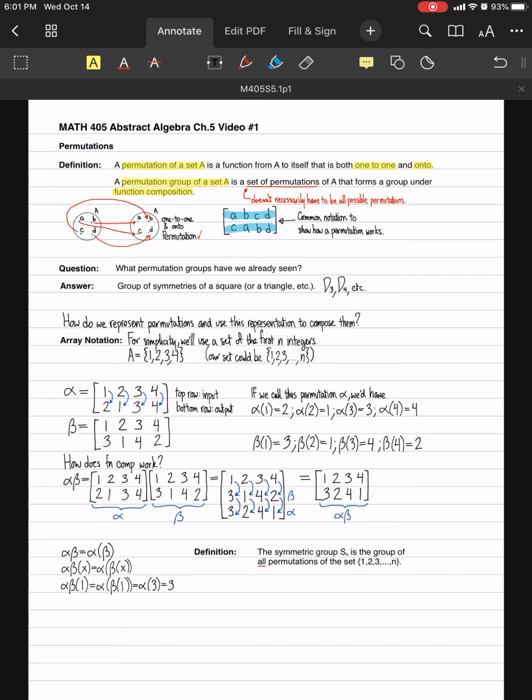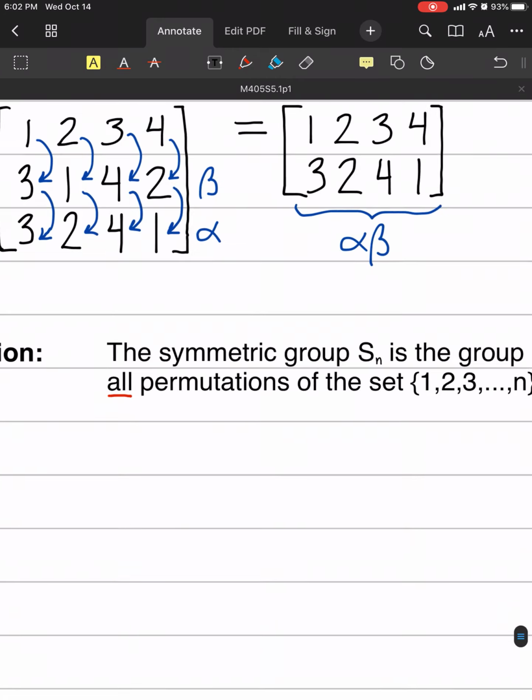So this is everything, not just some, like what we talked about with D3 and D4. There are some permutations that we don't get because we're talking about real-world rearrangements of a square or a triangle, and you can't change things certain ways. Like, you can flip a square over, you can rotate it, but there are things that you can't do. Like, you can't just swap the upper left-hand corner with the lower left-hand corner. There's no way to do that and keep your square whole. But this is all permutations.